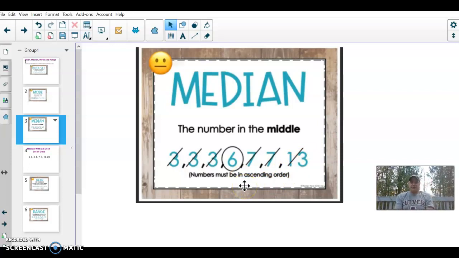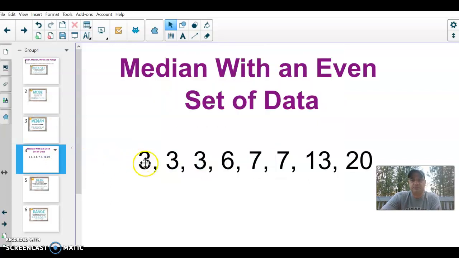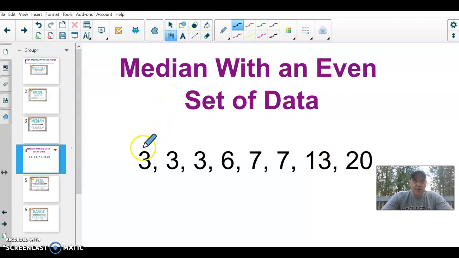Now I'm wondering if anybody out there is wondering, well, we have 7 numbers. What happens when you have an even set? Like let's say 8 numbers. So I'm going to take the same data set. And did you notice what number I added? You got it. I added 20. So I basically just put another number at the end. Remember, they have to be from least to greatest. So what I'm going to do is work my way in.